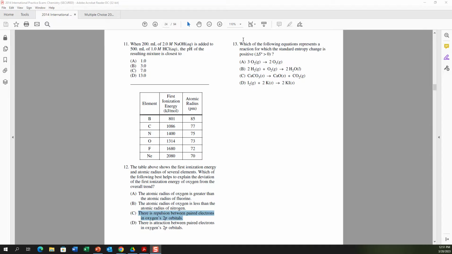All right, here we got which of the following equations represents the reaction that has a positive entropy change. So we're looking for probably more gas particles on the product side. So here we got less gas particles, so that would be a negative delta S. Less gas particles, again, even like gas particles to no gas particles, so that's an even greater negative delta S than this one.